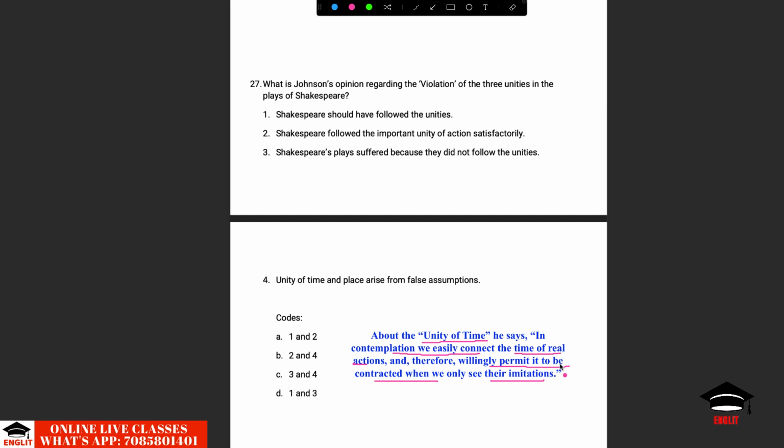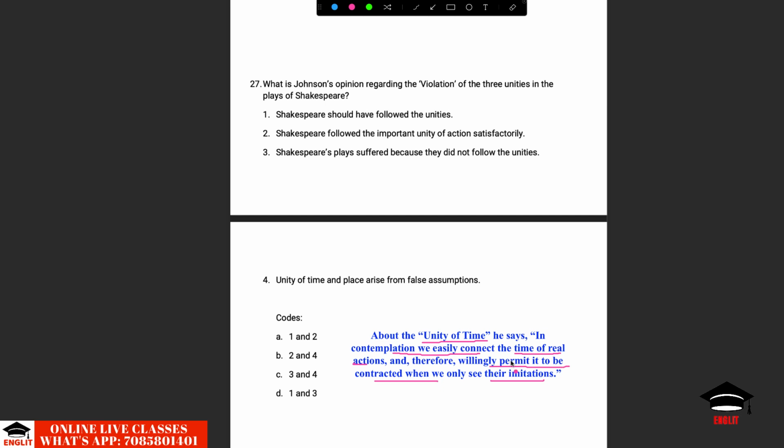So according to the conception of Aristotle, we are merely watching the imitation of action. And if we regard the action that is being presented on the stage to be true, we can also consider other exaggerations or other stretched limits to be true. If we regard that the death is real on the stage, we can also regard that the time is also justified.